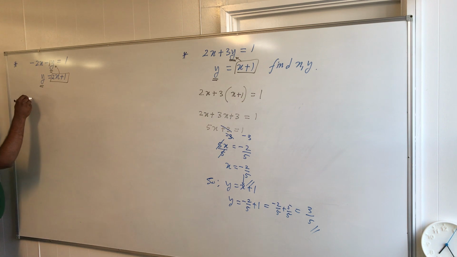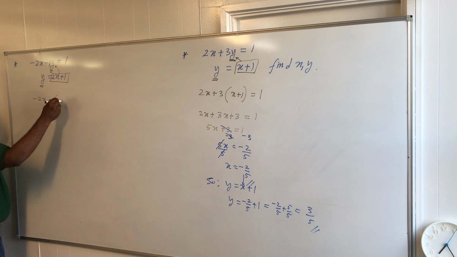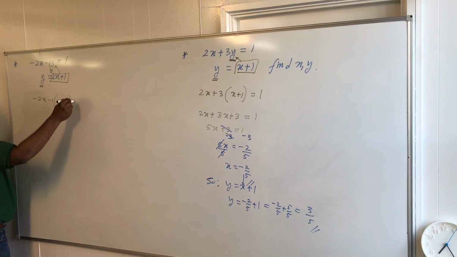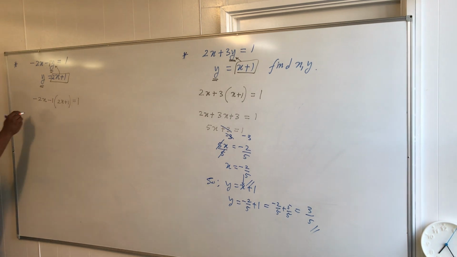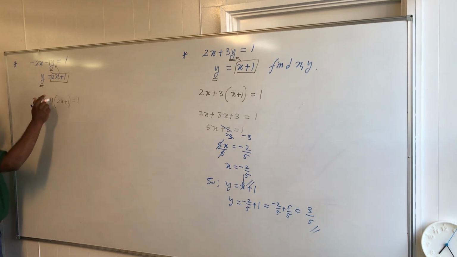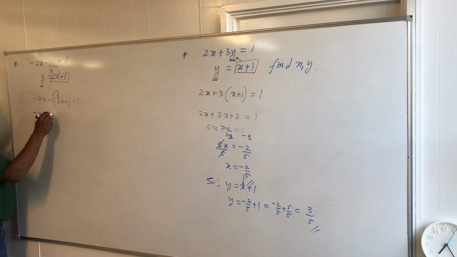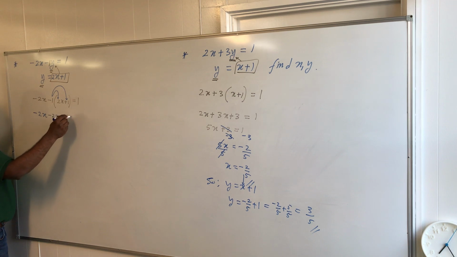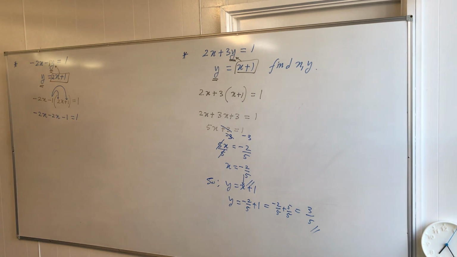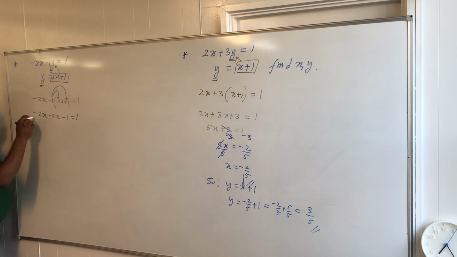So it's going to be minus 2x minus 1, y would be 2x plus 1, is equal to, the bracket is your parcel, you are bringing that. Now minus 2x minus 1 multiplied with 2x is going to be minus 2x squared. Then minus 1 multiplied with plus 1 is minus 1, is equal to 1. Now minus 2x plus minus 2x is going to be minus 4x.